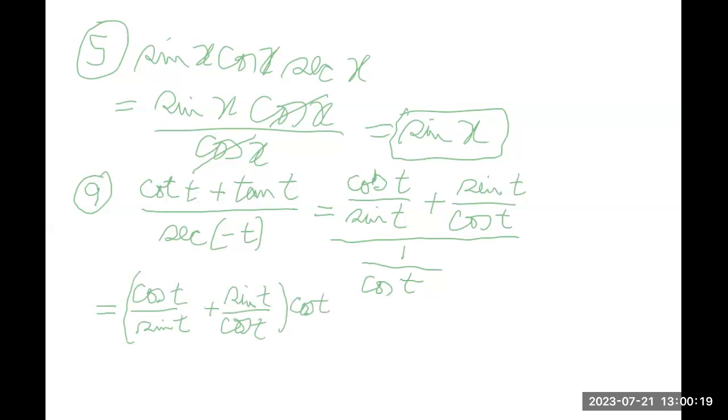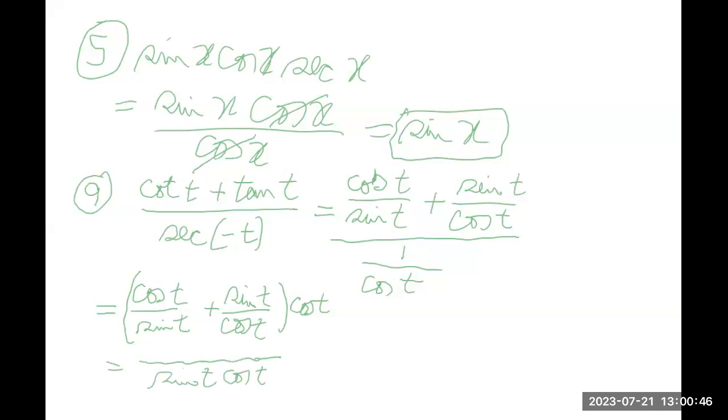Or let me actually just go ahead and add the two terms in the parentheses using a common denominator of sine t cosine t. The first term, the denominator was already sine t, so it needed a factor of cosine t.